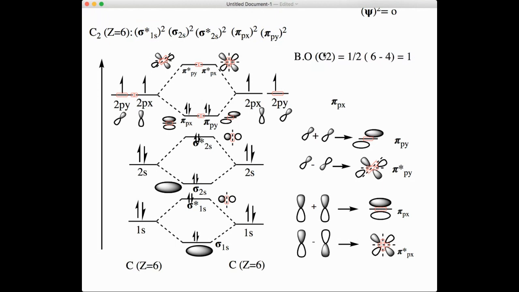So guys, what would be the bond order for the C2 molecule? How many electrons do we have in bonding molecular orbitals for the C2 molecule? Okay, so we have 8 electrons in bonding. So this is a bonding 2, another bonding 4, 6, and 8. How many in antibonding?